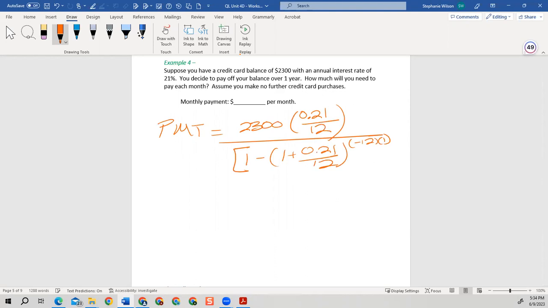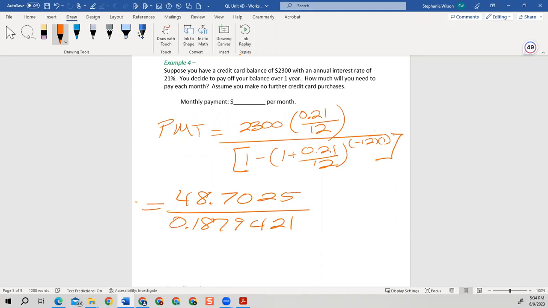All right, so now let's calculate it in our calculator, and we get 48.7025 divided by 0.1879421. It's approximately $259.14 that you've got to pay per month to get out from under that credit card debt in 1 year. Okay. So let's go to our next example.